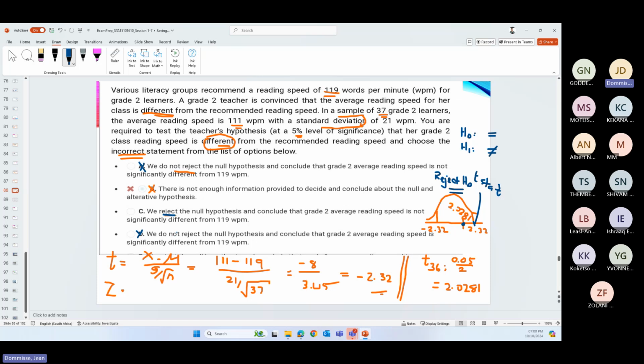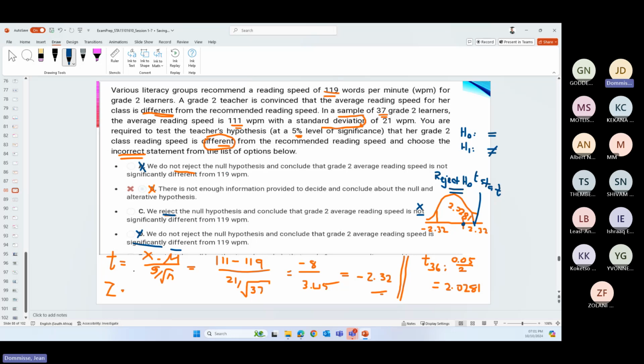We reject the null hypothesis and conclude that grade 2 reading speed, so there needed to be, okay, I'm going to take this one out because there's too many mistakes in this question. We do not reject the null hypothesis and conclude that grade 2 average reading speed is significant. So that tells me it is significant different. We do not reject the null hypothesis.